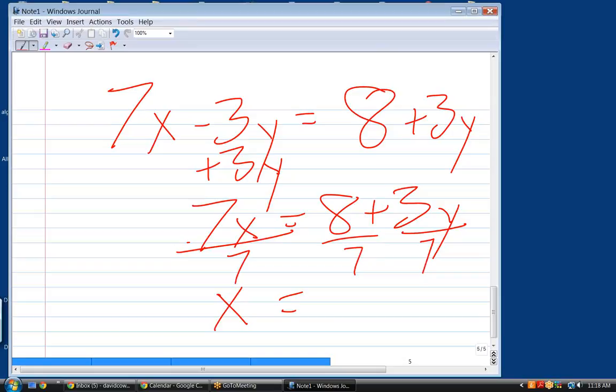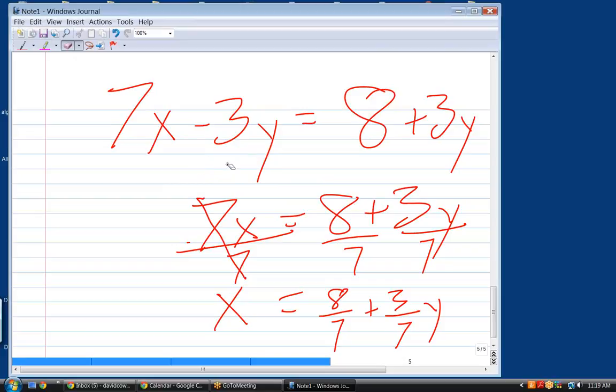I can't just divide one of them. Okay, so now my 7's cancel. I'm left with the x all alone. And I now have 8/7, which is simplified, plus 3/7 y. So that's how I solve for x. Pretty straightforward. Really no different than solving for x when we didn't have a y.